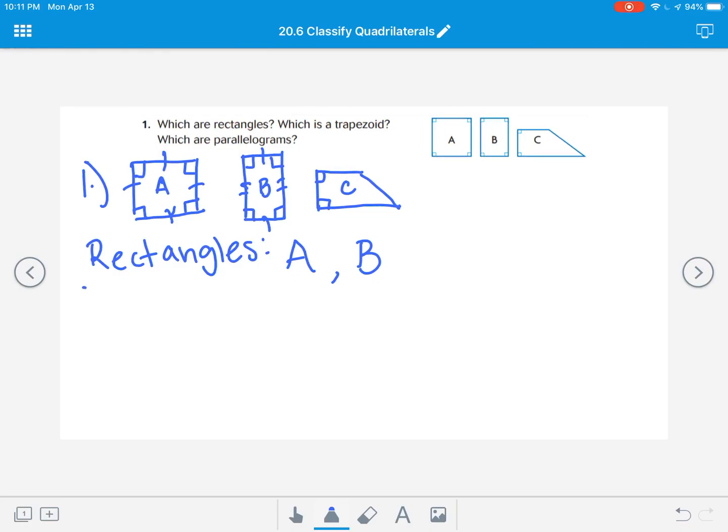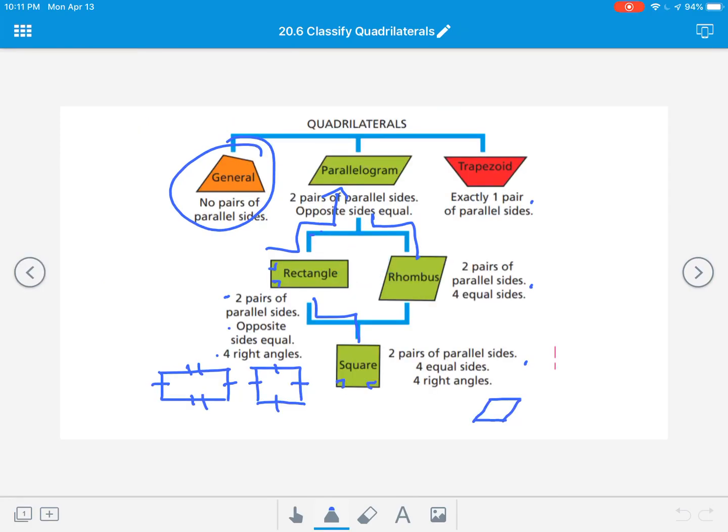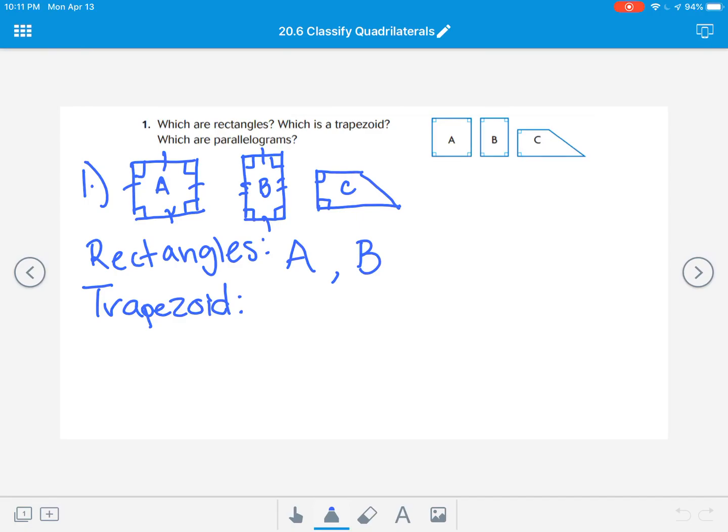Let's look at trapezoids. Looking back at our definitions, a trapezoid has exactly 1 pair of parallel sides. So we already know figures A and B, because they are rectangles, can't be trapezoids. Trapezoids have only 1 set of parallel sides.